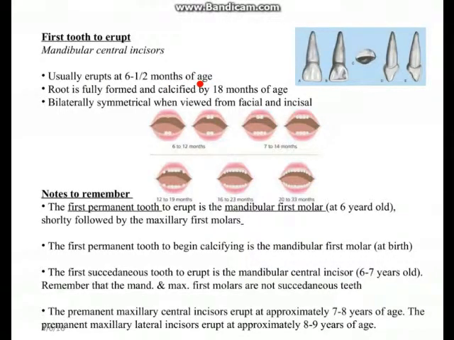Now remember, usually girls have their teeth erupt faster than boys. That's an important point to remember. Girls are always faster growers than boys. Girl power, yeah. Also remember that the weight of the child plays a role in when the teeth erupt.